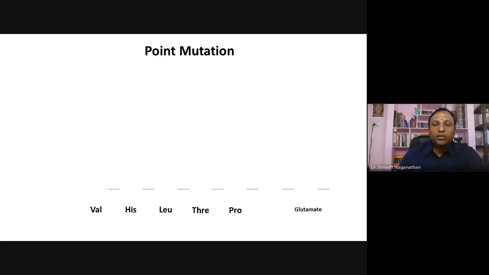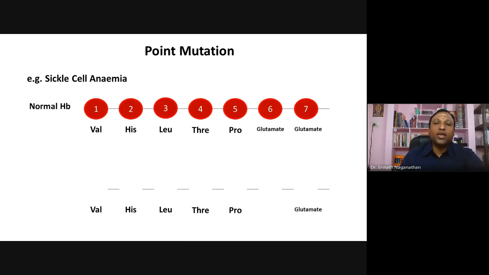So point mutation, in the gene mutation category. An example of point mutation is sickle cell anemia. In the normal hemoglobin, we have valine, histidine, leucine, threonine, proline, glutamate, and glutamate. So 1, 2, 3, 4, 5, 6 and 7 are there.